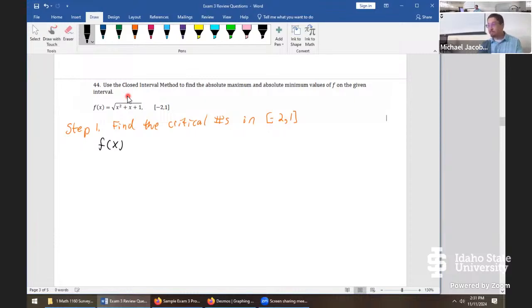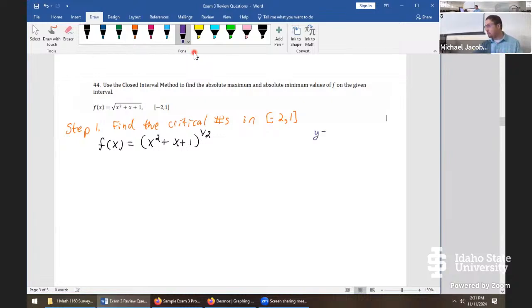F of x, not f prime yet, is equal to quantity x squared plus x plus 1 to the 1/2 power. So already in problem 44, this is also a chain rule review problem, so that's awesome. In the chain rule process, we have an inner function and an outer function. There's really two functions here.